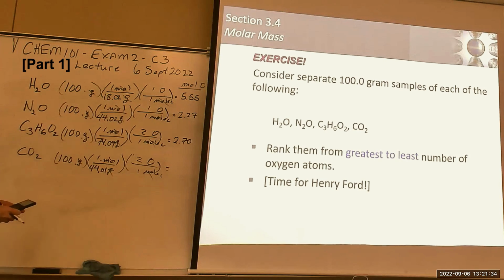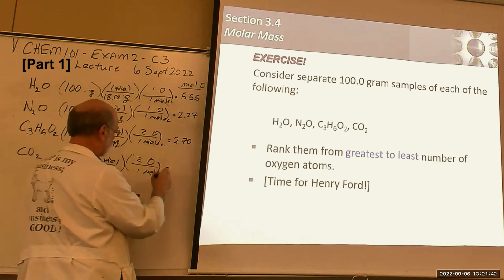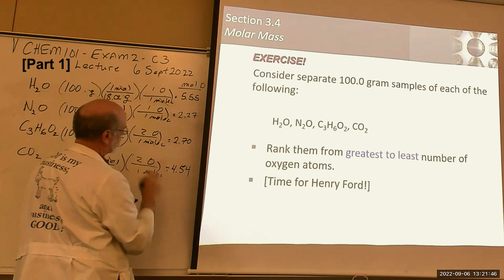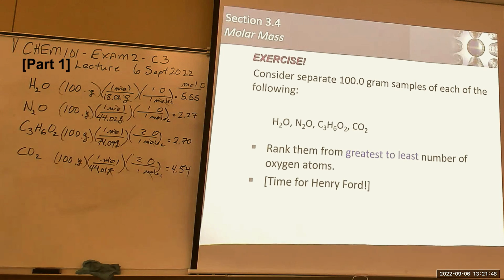And the last one. 100 again. 44.01 divided in 2 times, 45, 44. No, 4.54. There we go. Okay. So we put them in order from greatest to least. This is the greatest. Next.